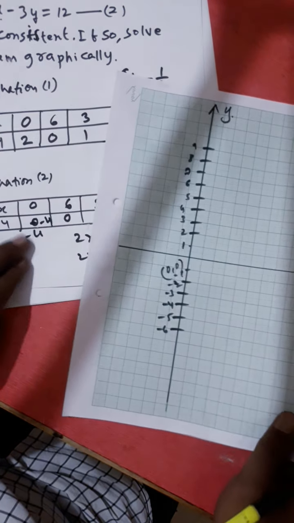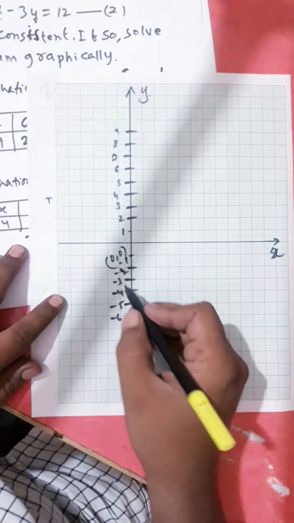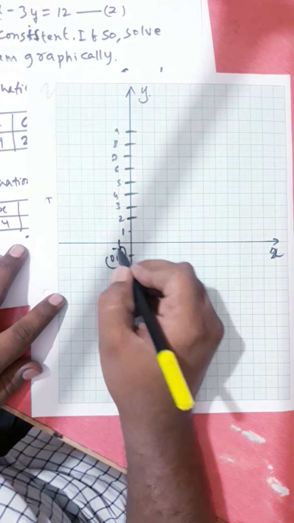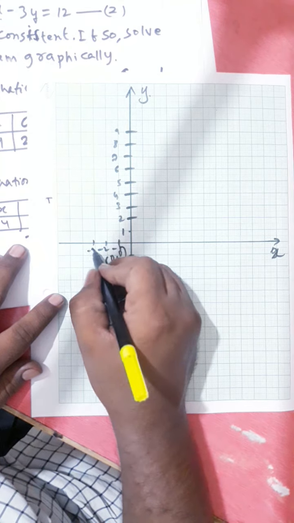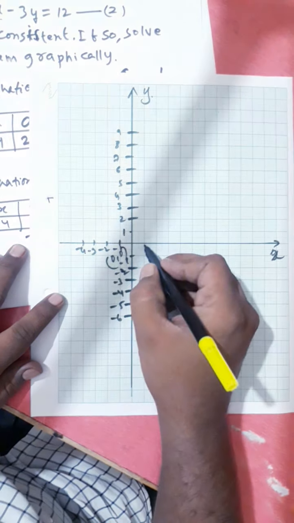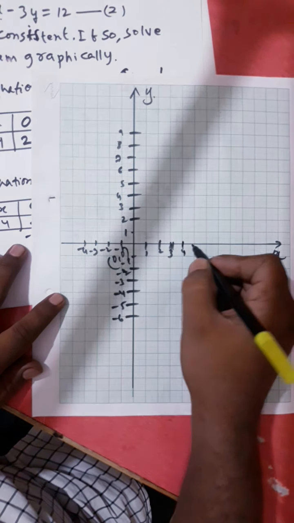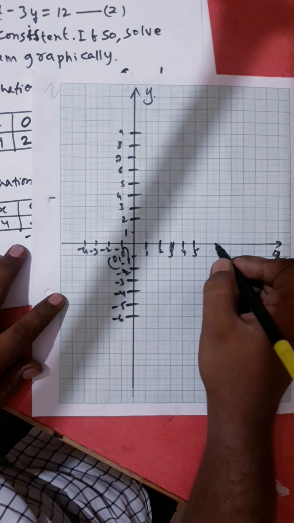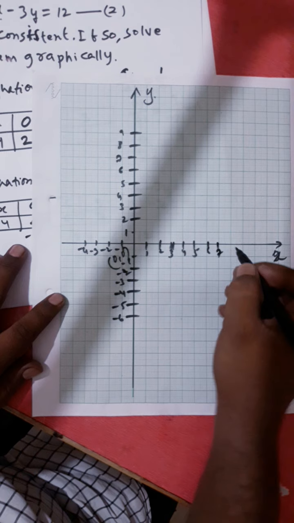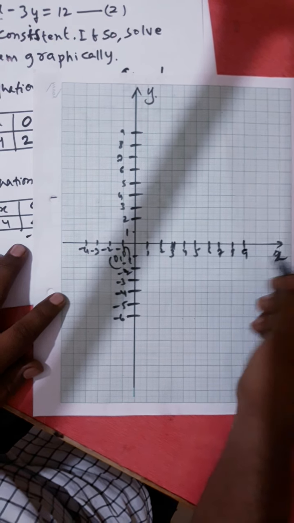Minus values are not there, up to minus 4 only. Then this is minus 1 minus 2 minus 3 minus 4. This will be 1 2 3 4 5. I will get 6 here, 7 8 9.